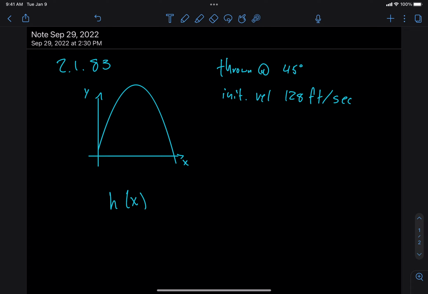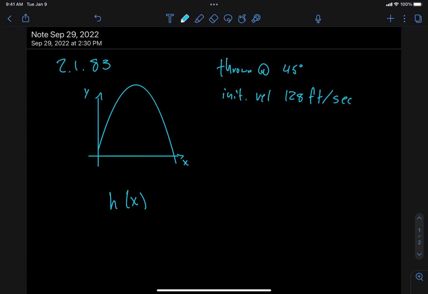So this is the actual path that the ball takes. It's like I'm standing here, and when the ball is this far away from me horizontally, it is this tall above the ground. That's what is happening in this picture.